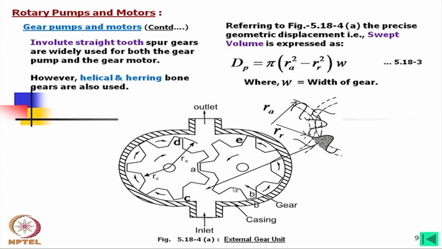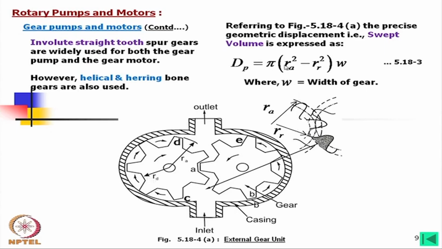Now, but there is a gap. That means although this total volume is being entrapped here, the same volume is coming inside. That means this volume is not being utilized. So, we must subtract this volume. Instead what we do, we use this R R instead of R D. Do you understand my point?